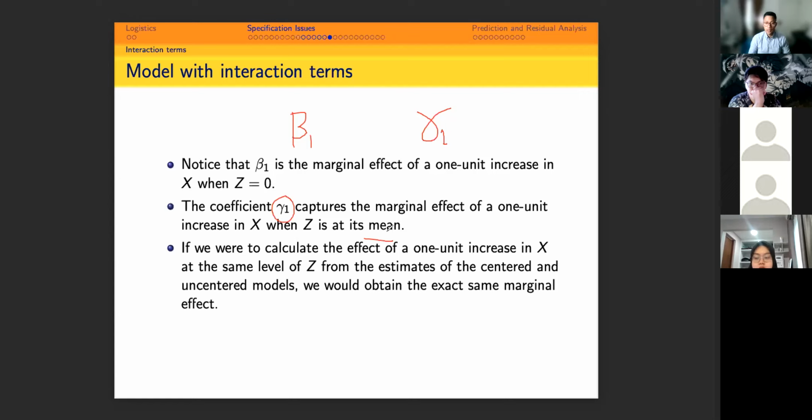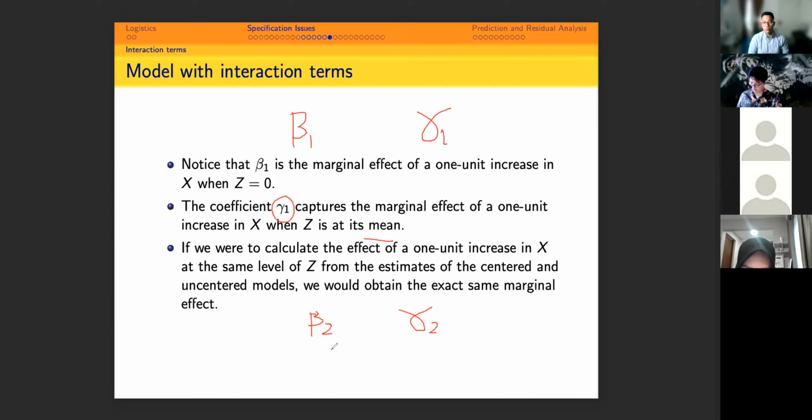Okay. The same goes with the difference in the interpretation between beta 2 as well as gamma 2. So what's the interpretation of beta 2? The interpretation of beta 2 is the marginal effect of a unit increase in z when x is equal to 0. What about gamma 2? So gamma 2 is going to be the marginal effect of a unit increase in z when x is equal to its mean.